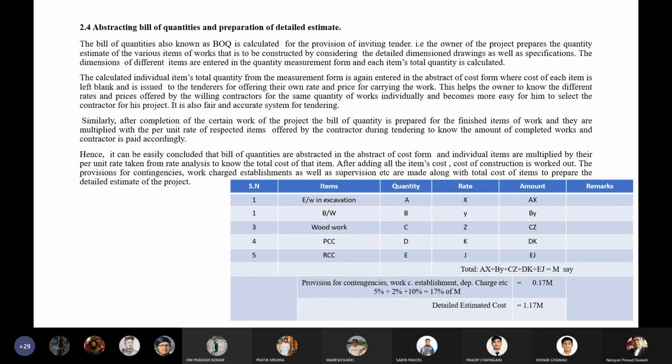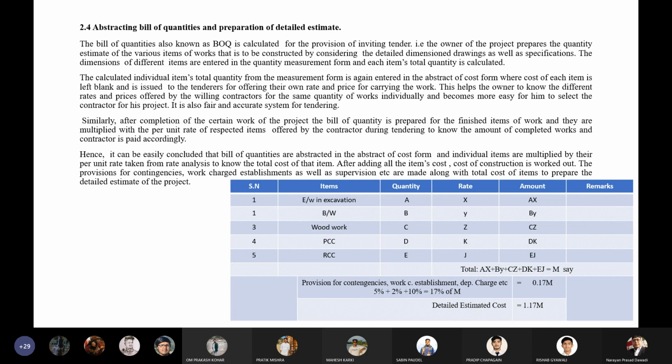Some contractors want to construct that item at a higher rate. Some may be willing to construct that item at a lower rate. That's why the rate offered by each individual contractor can be analyzed in detail by the owner, to whom he wants to give his contract to build the project. That's why a bill of quantity is required to select the contractor.